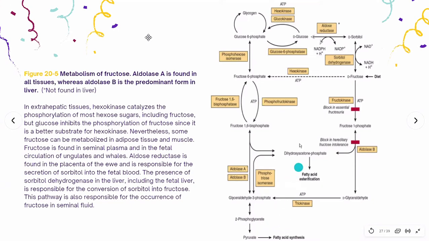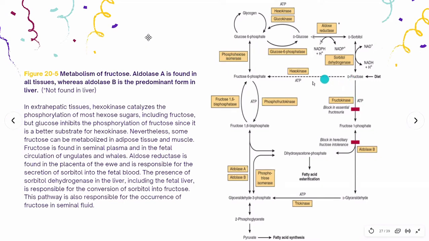Okay. So here is your fructose from the diet, from the soda drinks that you are drinking. Okay, fructose goes directly in here. It bypasses this one. So it goes down here.